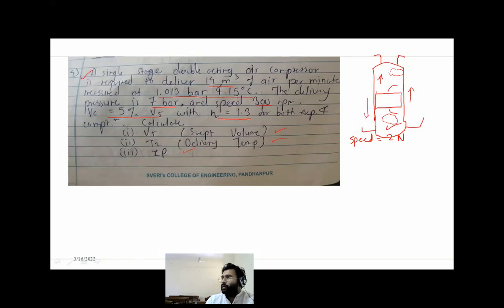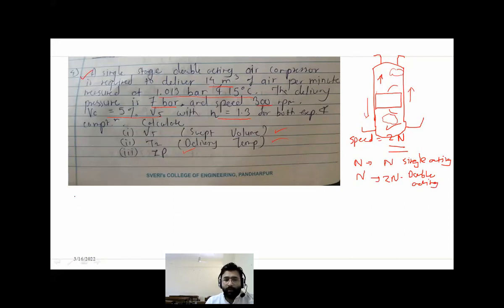It will compress on both sides of the cylinder. So in this case, we take the speed as 2N. In the last lecture, I told you, N for single acting, and N equal to 2N for double acting. N is RPM.